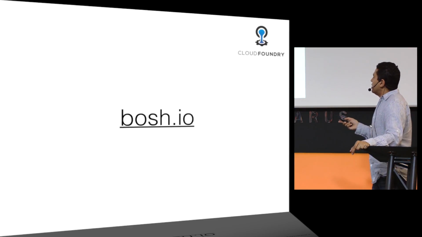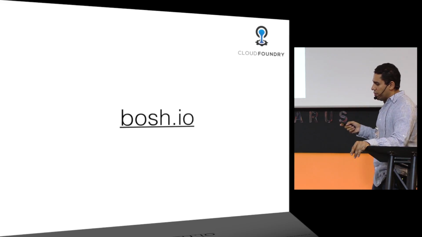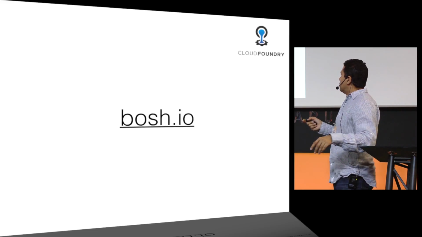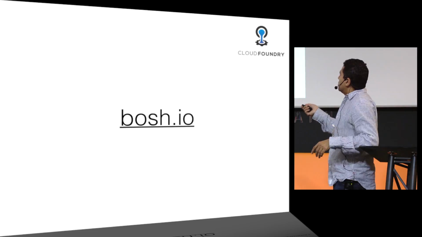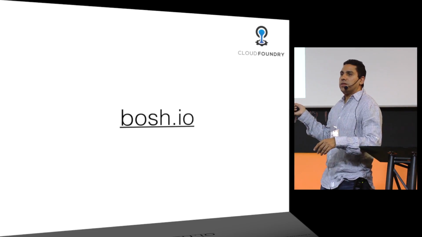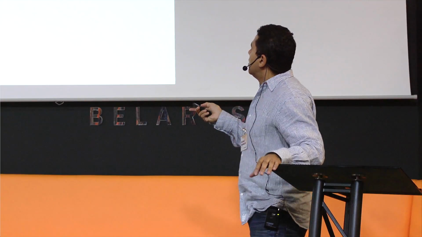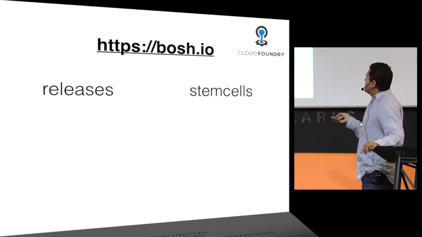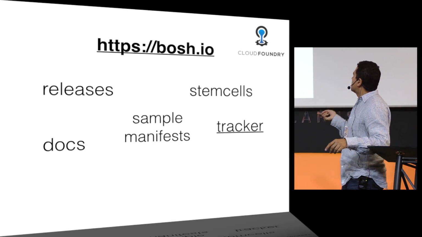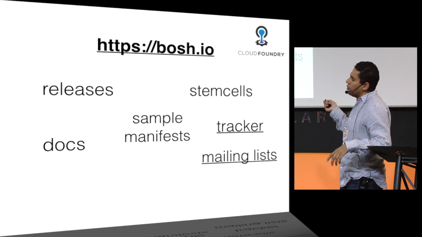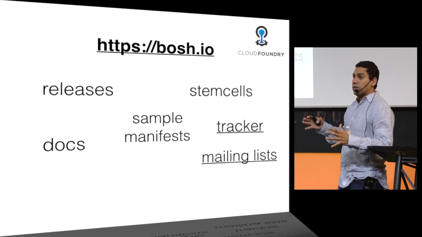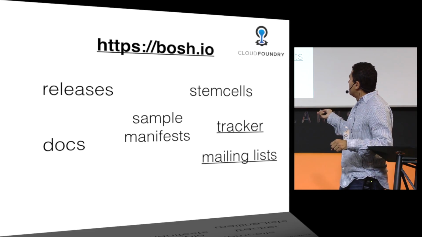So one thing I want to finish with is where to find information, because that's always the key. Obviously Bosch.io is the start of everything about Bosch. Just go there and you'll find excellent information. All the releases, the stemcells, everything is in there: releases, stemcells, manifests, docs, the tracker, which is where all the current work items on Bosch are, and then the mailing list.